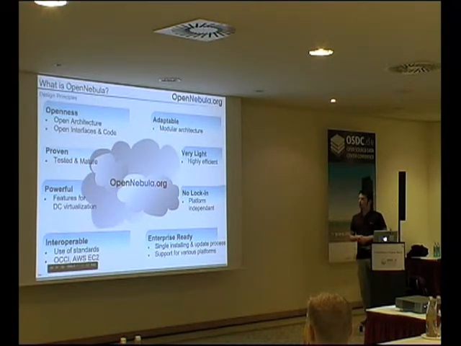It's interoperable, and the roadmap is not vendor-driven, so there's no vendor locking, or so we like to think. And it's enterprise-ready, meaning that it's being proven in massive, large-scale deployments, and we give a single installing and update process and support for various platforms.